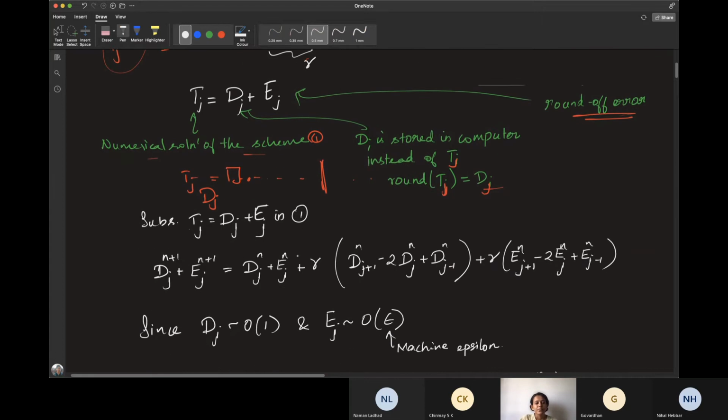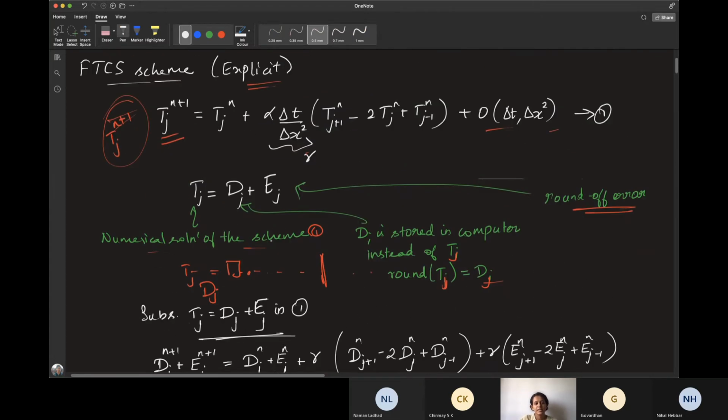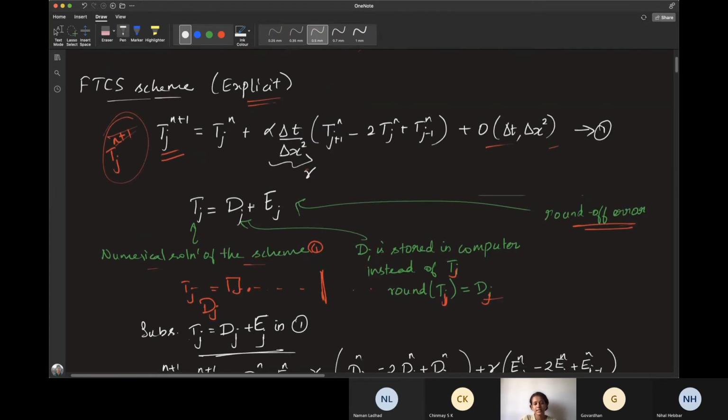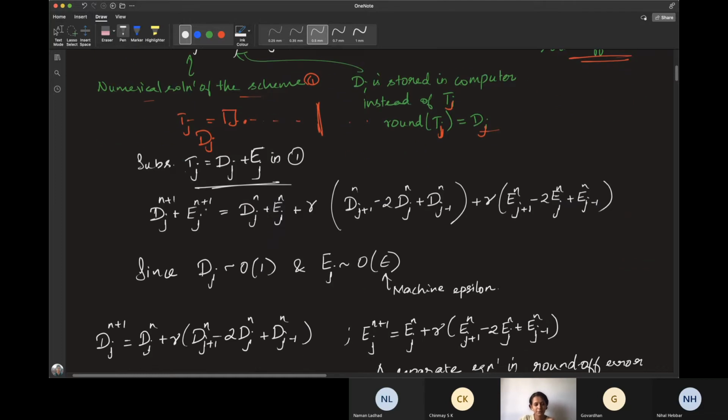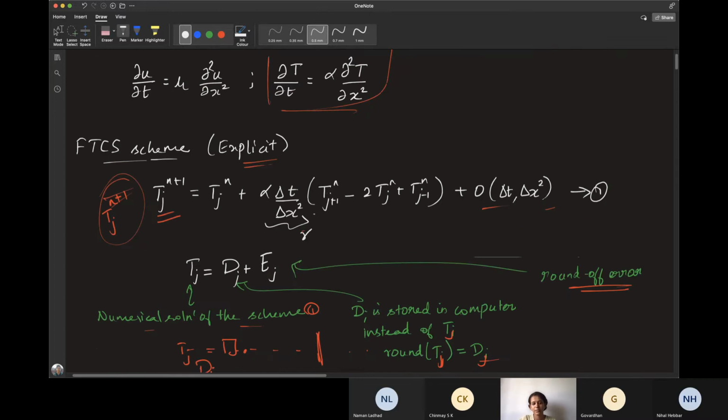Now I'm substituting this expression in, since Tj is Dj plus Ej, I'm substituting that in equation 1. So we get something like this. Now in this equation, we have terms that contain both Dj and Ej, and they're all separate. We don't have a combination like Dj into Ej or Dj squared or Ej squared, because it's a linear equation.